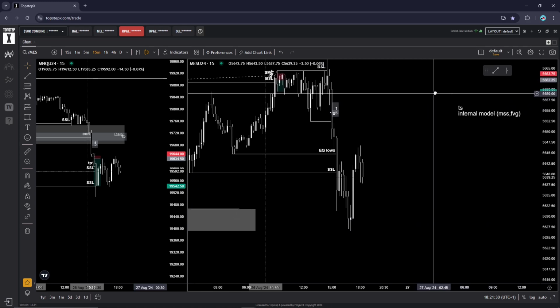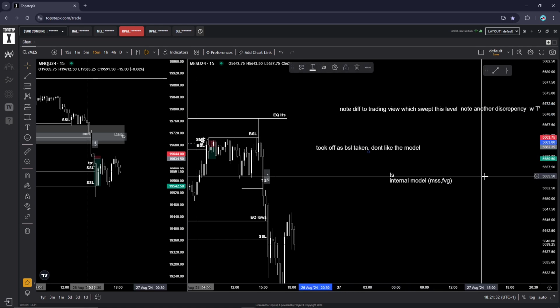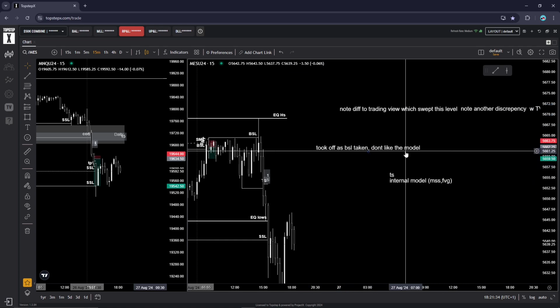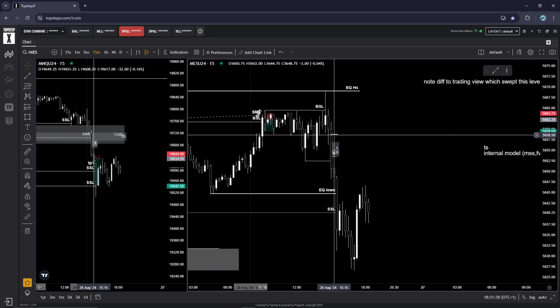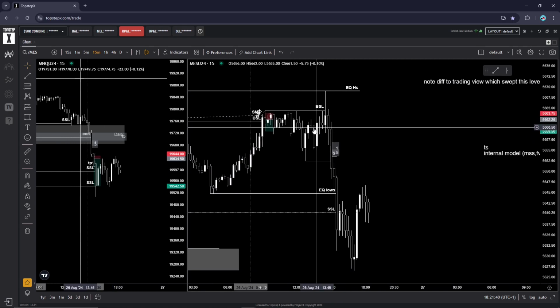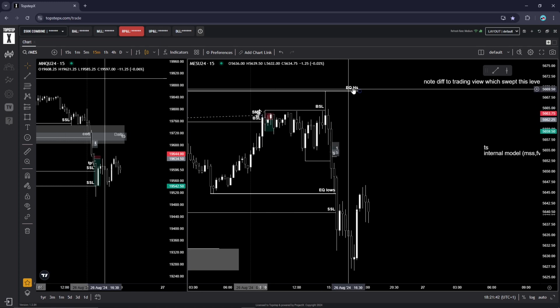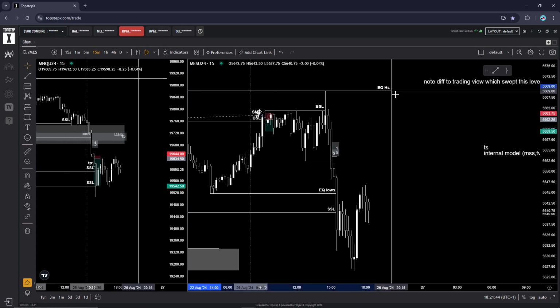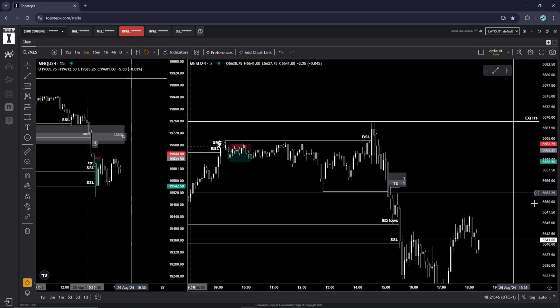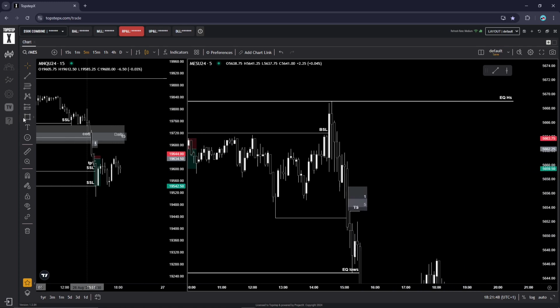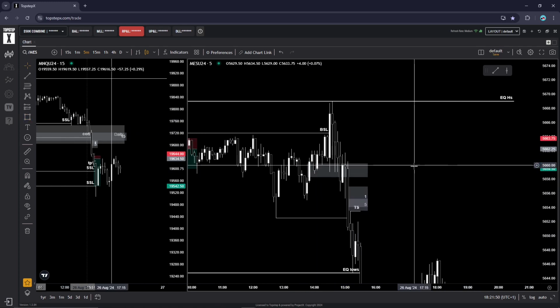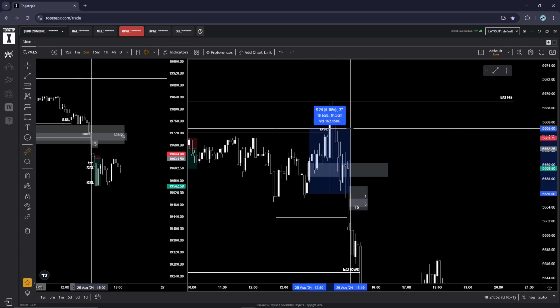Nice takeoff. That was something else. What's this? Took off. Yes, I don't like the model. I was looking for buys, I think around here actually, and then I saw equal highs here, and we had this 5 minute fair value gap, which just got pushed through.